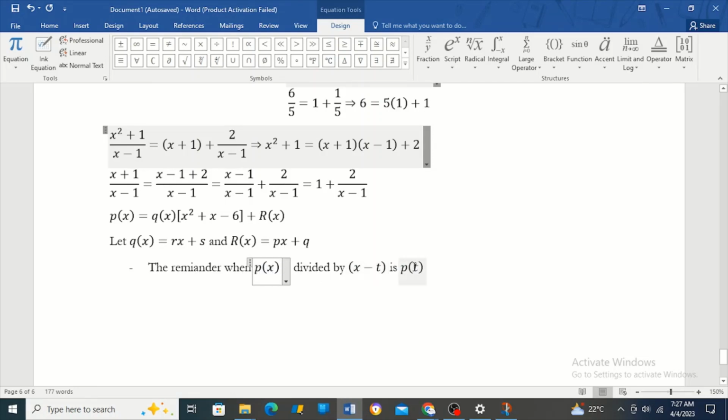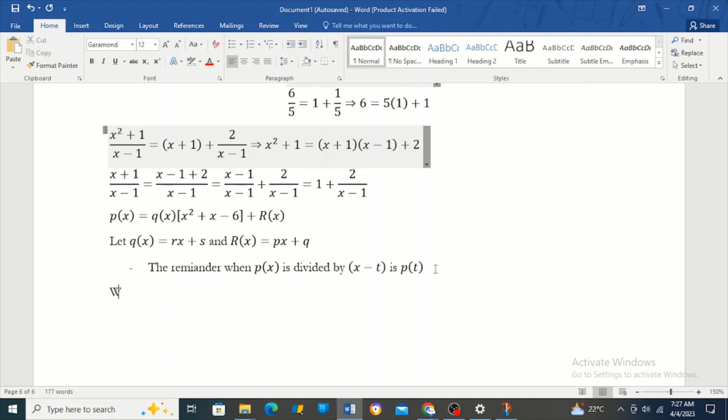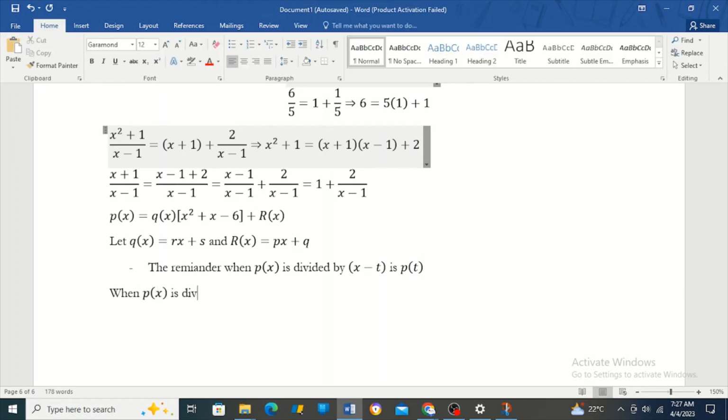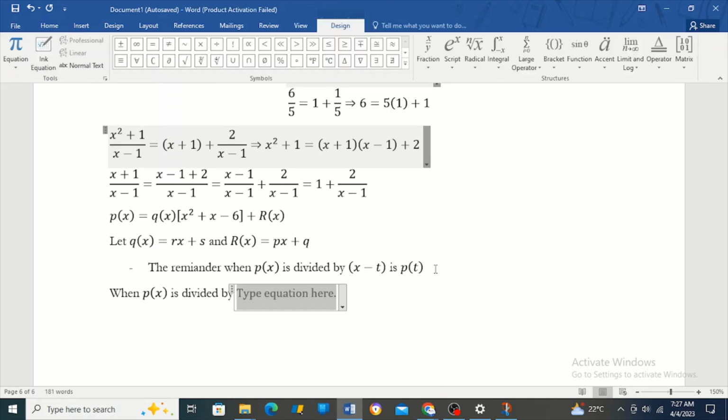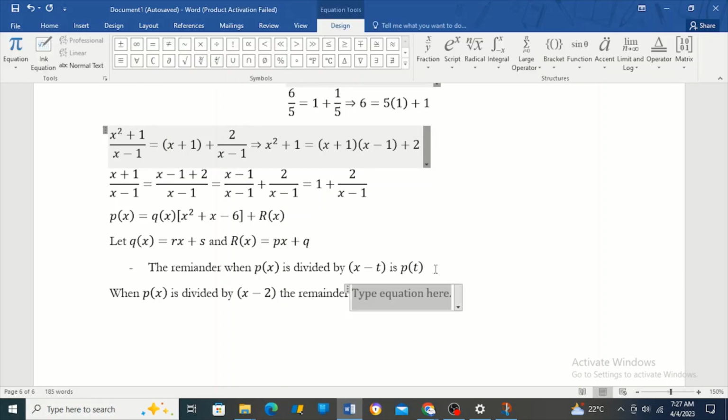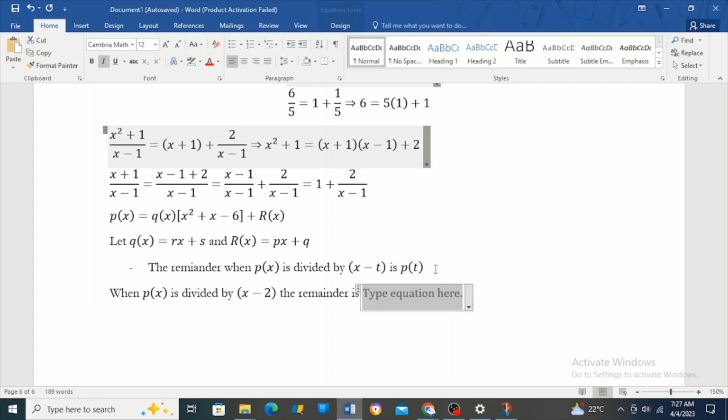So it means that when p of x is divided by x minus 2, the remainder is simply p of 2. The remainder is p of 2, and they gave us that remainder as 12. Now p of 2 being equal to 12, what does it mean?